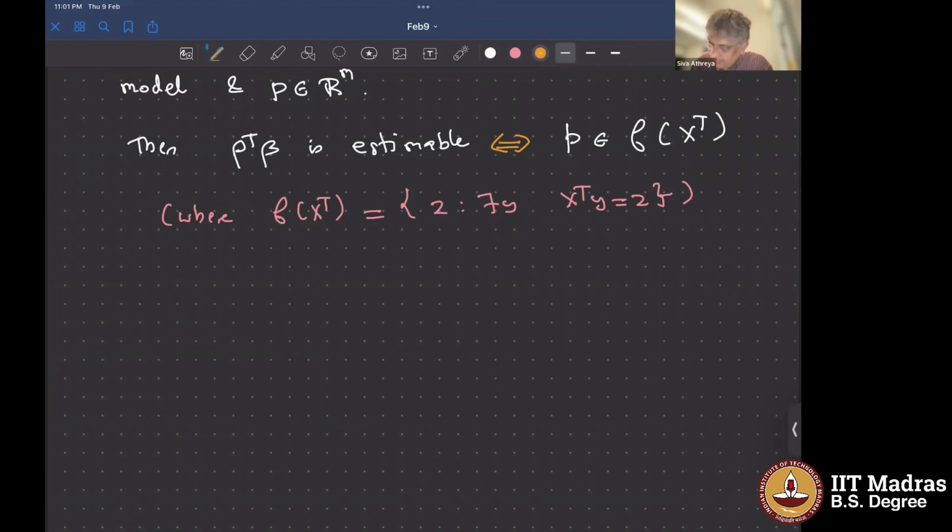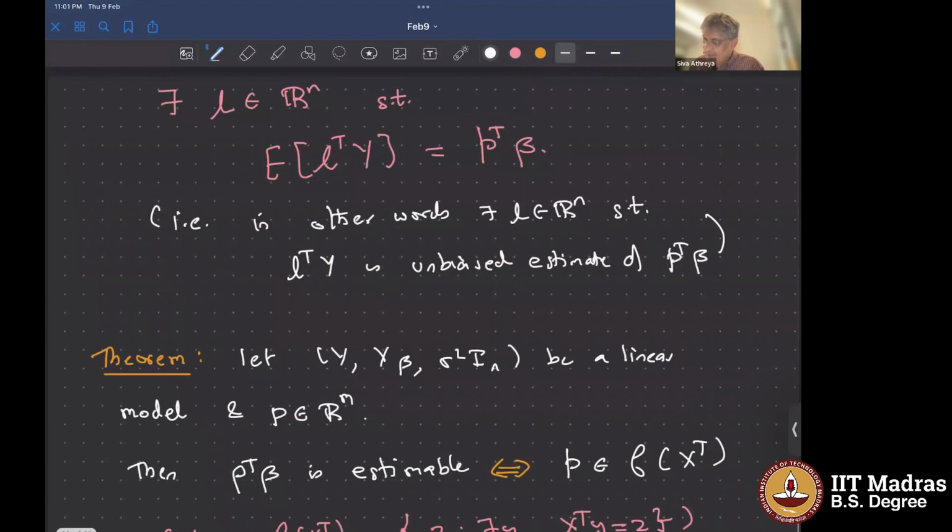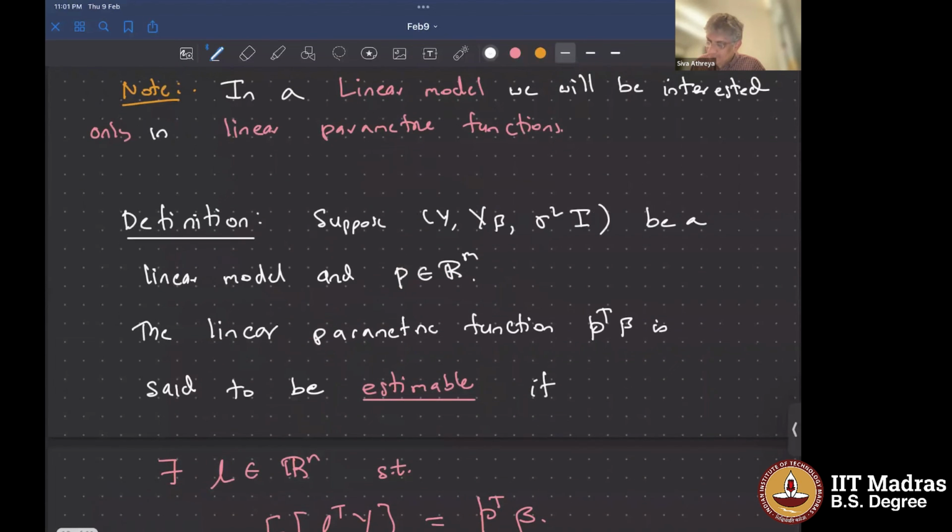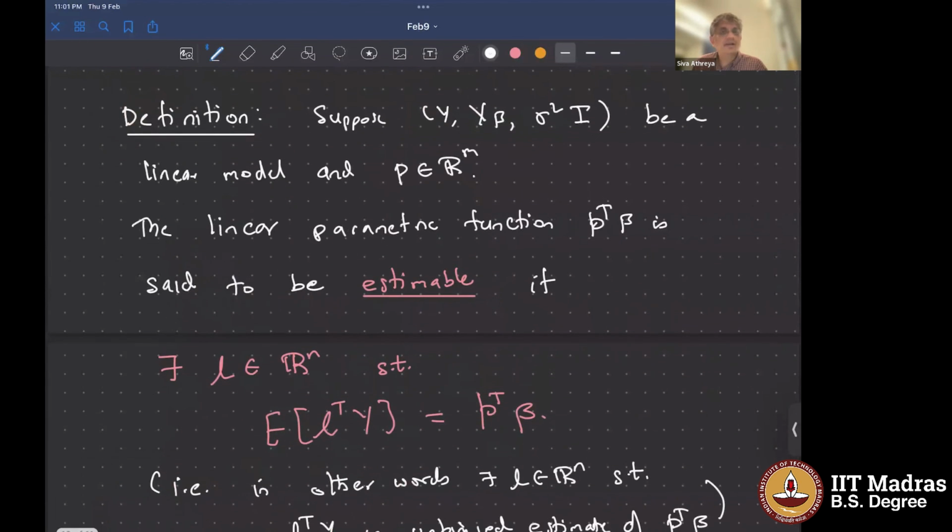So what's the proof? The proof is fairly elementary. Let's start with it. Let's say P transpose beta is estimable. That's what we start with. From our earlier definition, that means there is a vector L such that E of L transpose Y is P transpose beta.